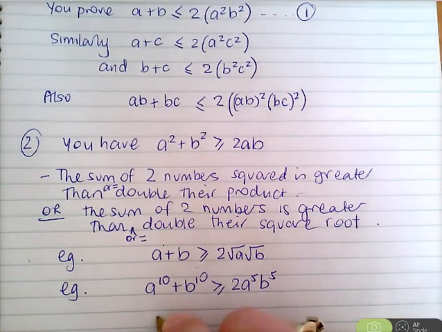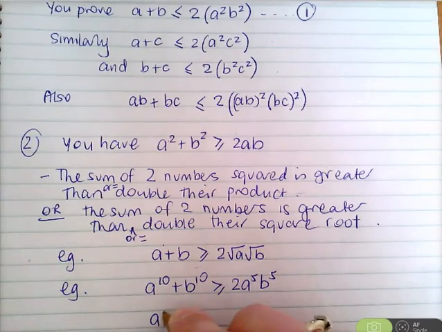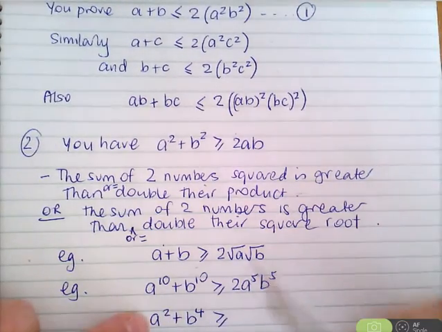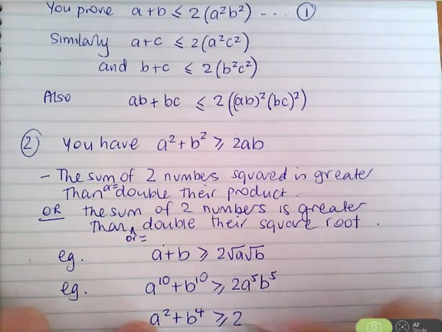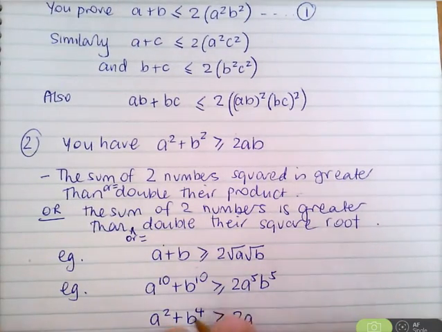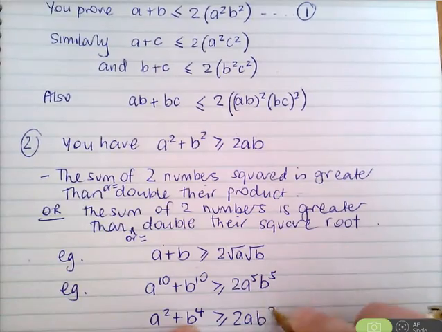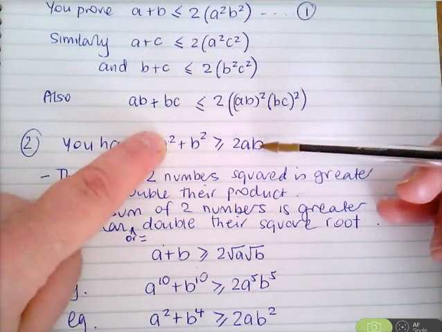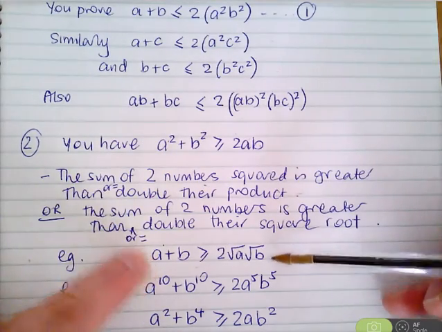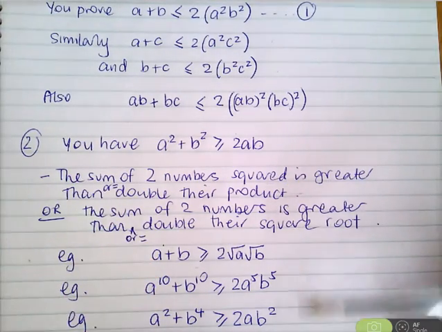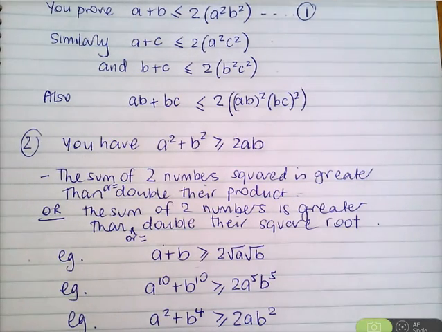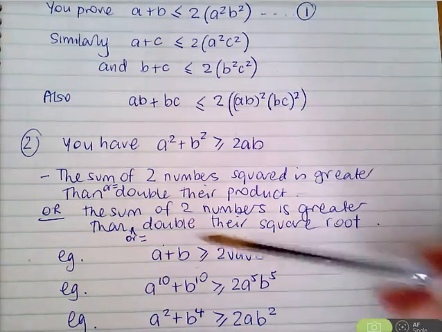You could also write something like this: a squared plus b to the power of 4 is greater than or equal to 2 times, now I need to square root the a squared, which is a, and I need to square root the b to the power of 4, which is b squared. So using this single expression up here, we can write this, and from those we can also write things like this. So this is the use of similarity, and also replacement of variables.